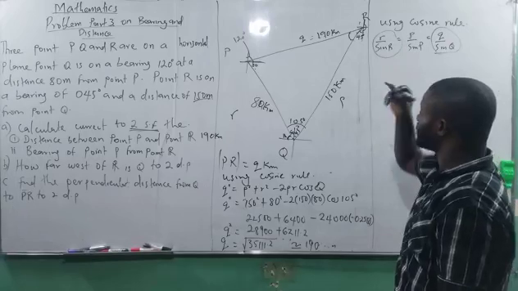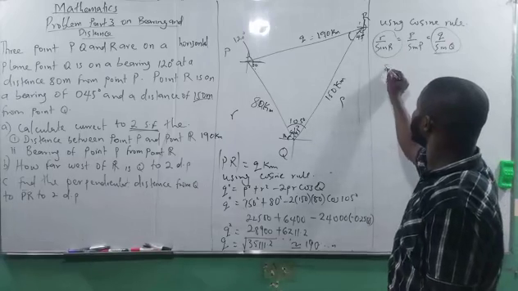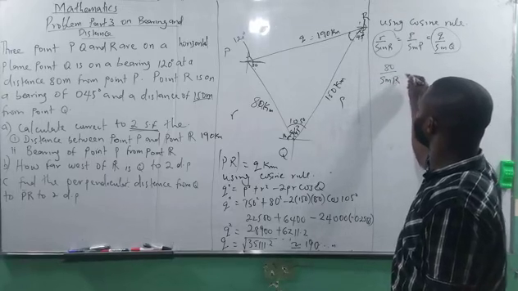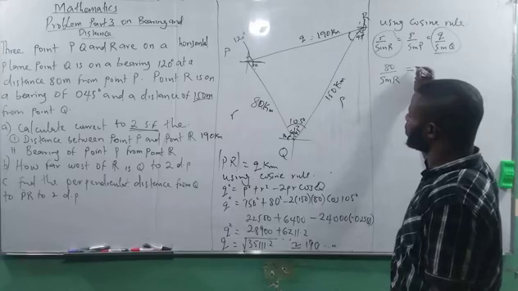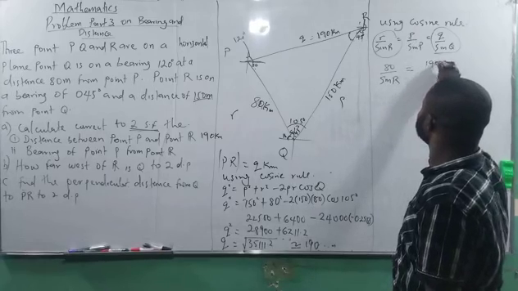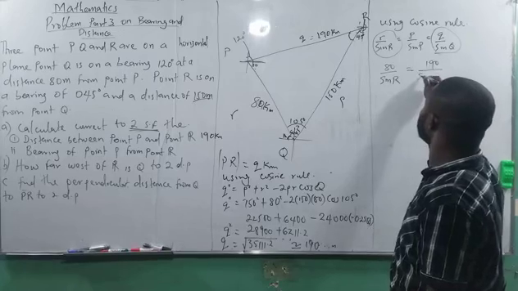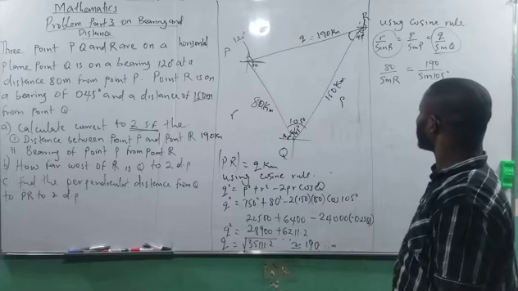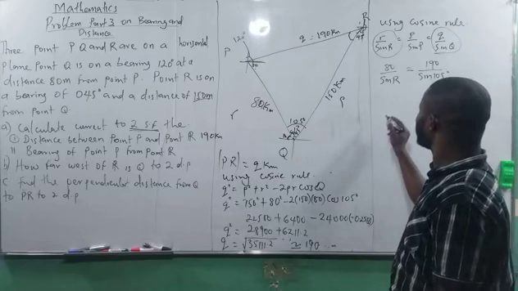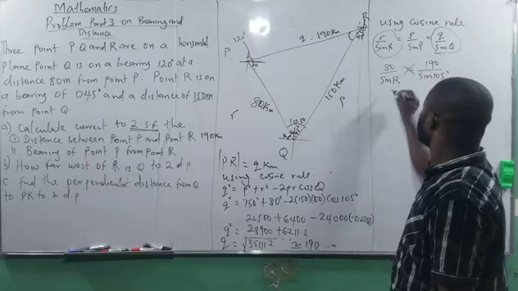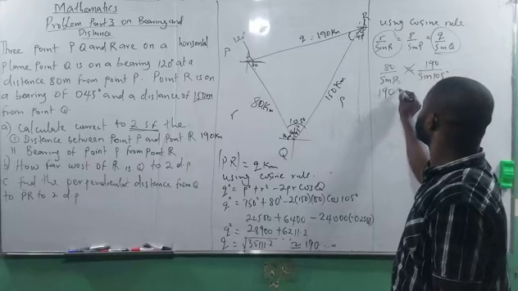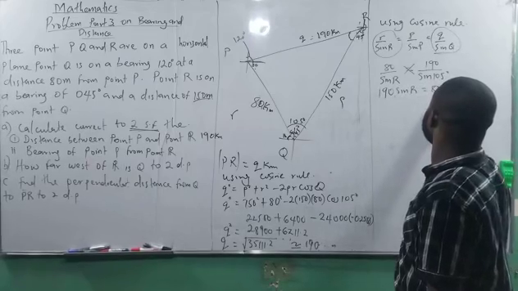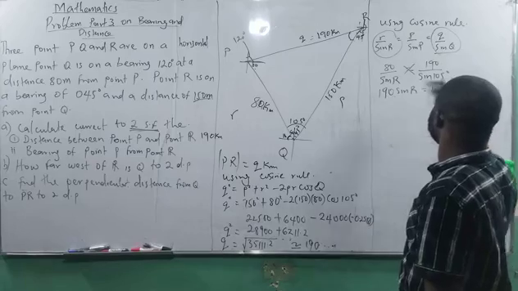Now it means I'm talking about 80 all over sine R, which is equal to 190 kilometer all over sine 105 degree. Now at this junction, when I cross multiply, it will be 190 sine R equals 80 sine 105 degree.